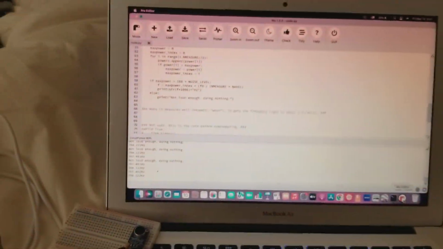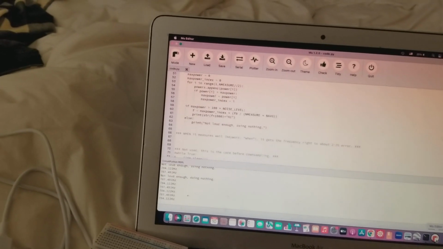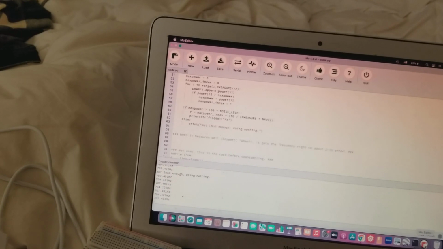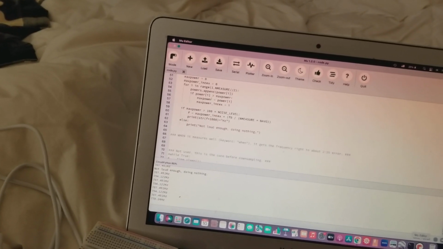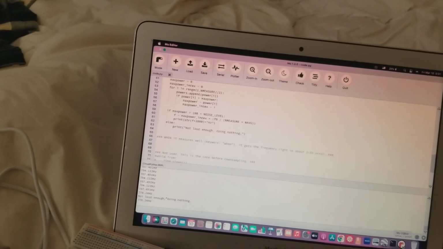So again, it gets it wrong sometimes, but the best measurement that it gets, the closest one, is about 794 hertz, which is again within reasonable agreement to 800 hertz. Next, let's try 1600 hertz.